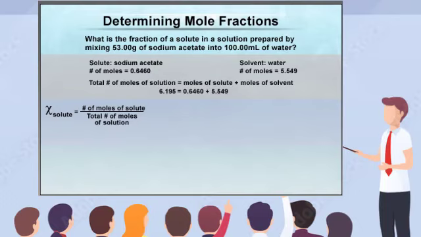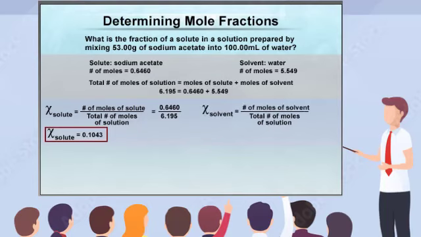Simply plug the number of moles you just calculated for sodium acetate, 0.6460, into the equation for the mole fraction of the solute. You see that 0.6460 divided by 6.195 equals 0.1043, which is the mole fraction of sodium acetate.